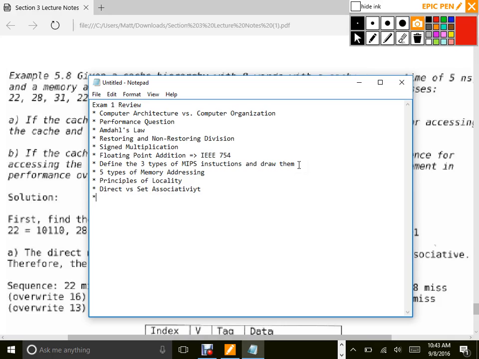And what else? There's one other big thing we covered today. Average memory access time. Right?